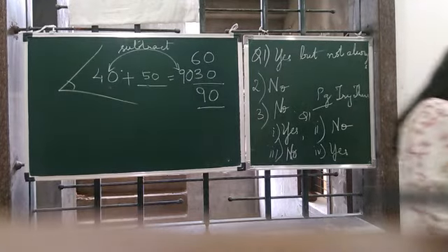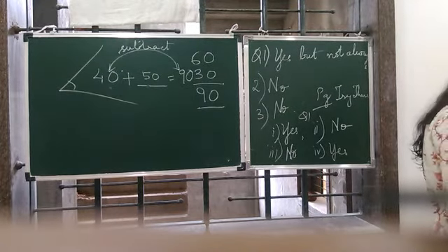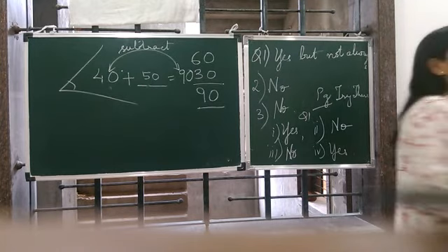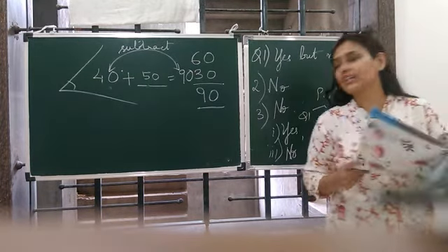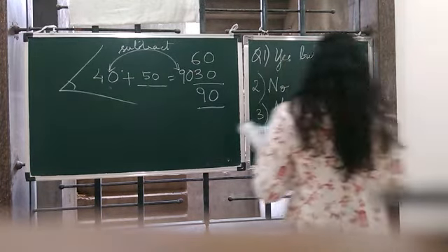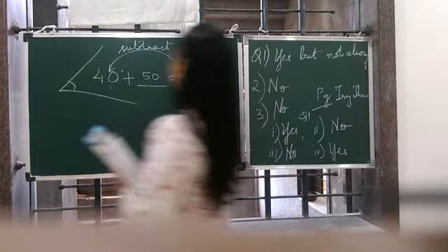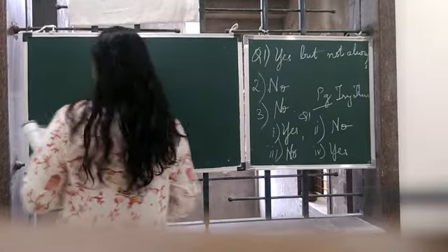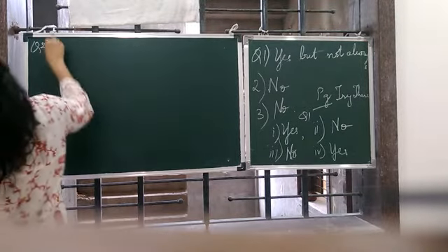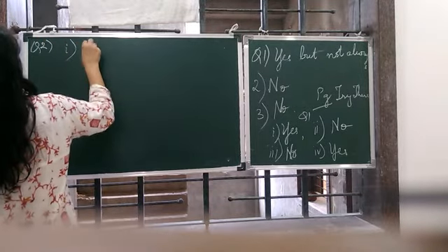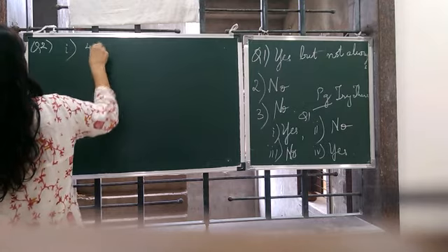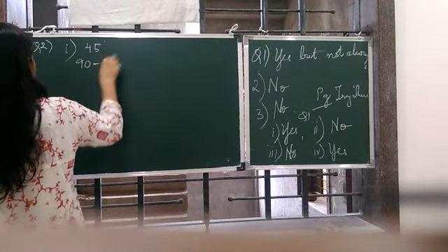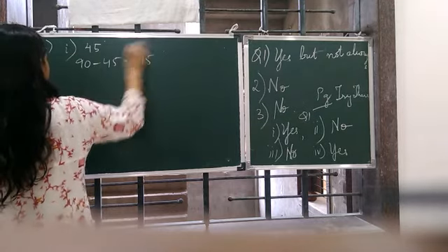Question number 2 says, what is the measure of the complement of each of the following angles? Means from 90 degrees we will subtract each angle. First one, for 45, it is 90 minus 45, which will give you 45 only.